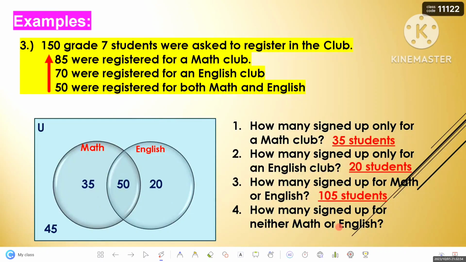Ibig sabihin, alin dito ang hindi nag-sign up sa math or English? The answer is 45 students. Kasi sila yung hindi pwedeng mag-math or mag-English. Okay? So I guess it's very clear how to solve the problem. Remember, you always start at the bottom, papataas, para mas madali mo siyang maiplot sa Venn diagram.